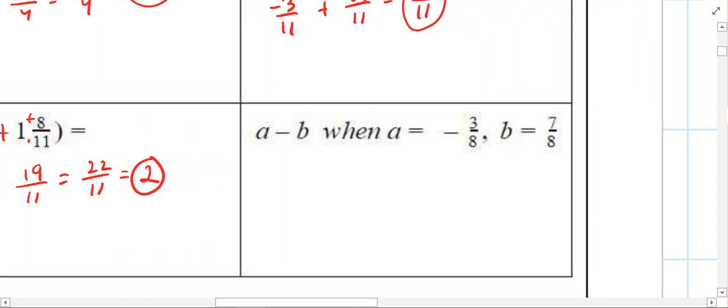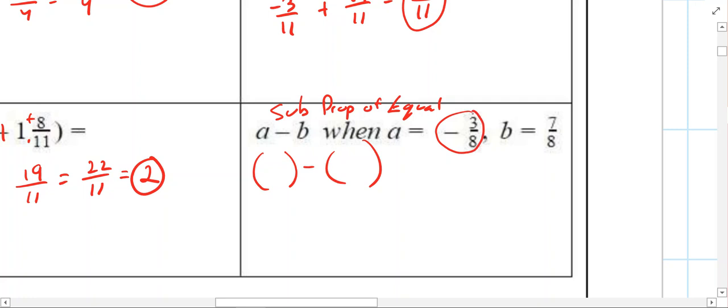And now for a fun one, we use parentheses because we're using the substitution property of equality. And what's my a value? My a value is negative 3/8. I'll float the negative sign up. B is 7/8. I'll use additive inverse, additive inverse.